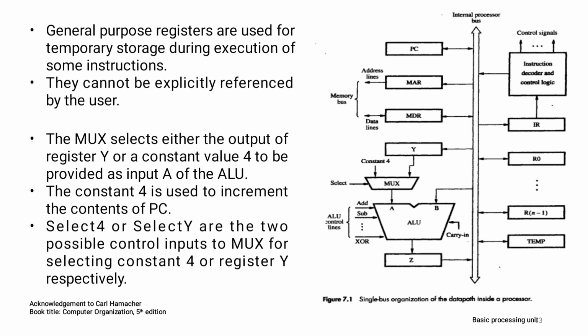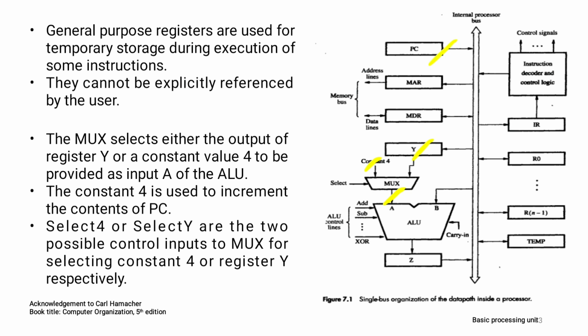The multiplexer selects either the output of register Y or a constant value, to be provided as input A to the ALU. This constant 4 is used to increment the contents of the program counter PC.